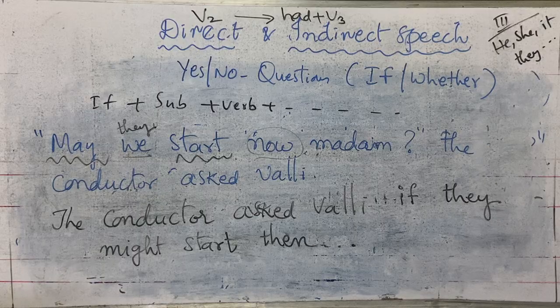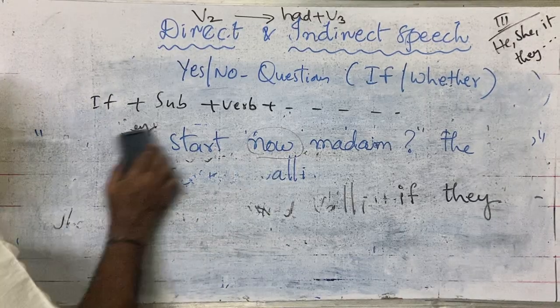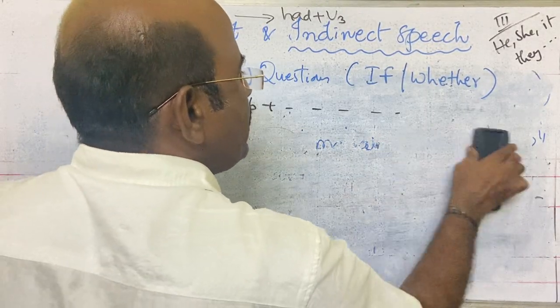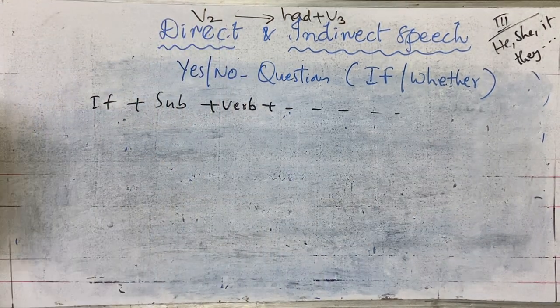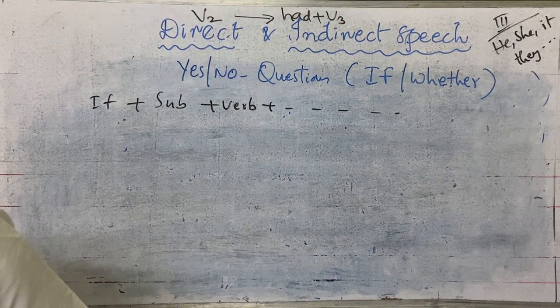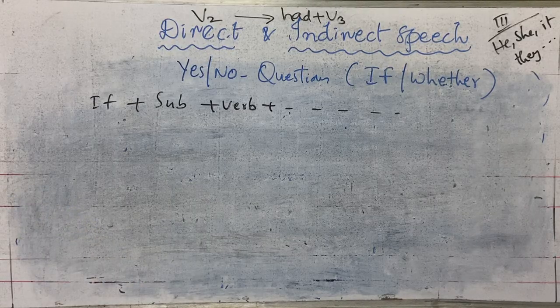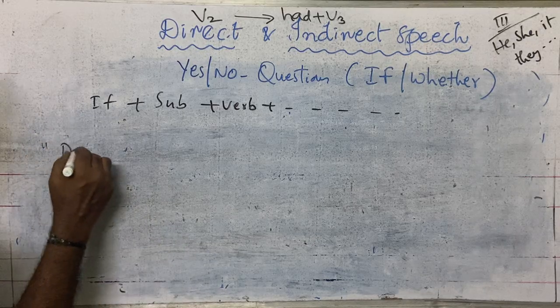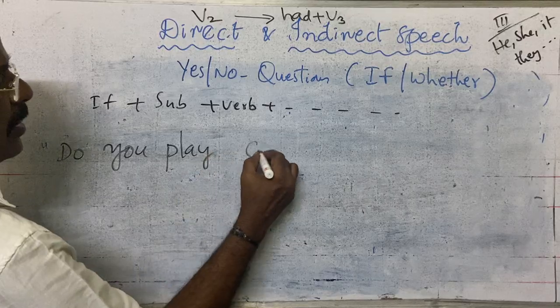In these yes or no questions, previously for 10th class and intermediate, which type of questions do they ask? Do only more. Most of the time they asked, do you play cricket? Do you play cricket?